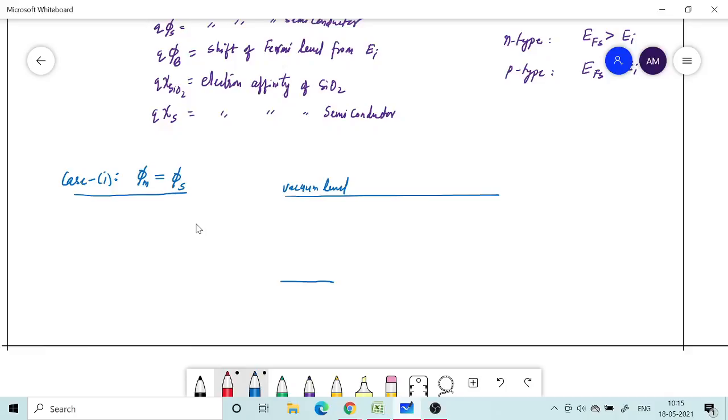Then the way you need to draw is that you have to make sure that the Fermi level on both sides, here it is EFM and here it is EFS, align with each other. In this case there is no confusion because we are measuring from the vacuum level.